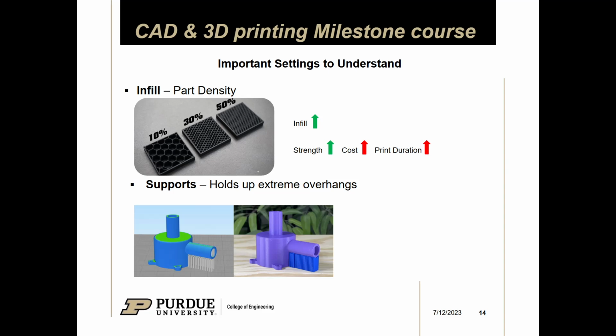But yeah, other than that, the other thing that people change a lot is the infill density, and it's basically just how hollow your part is. You can probably see with the models that I'm passing around that one model has significantly more infill than the other, right? So I marked it.